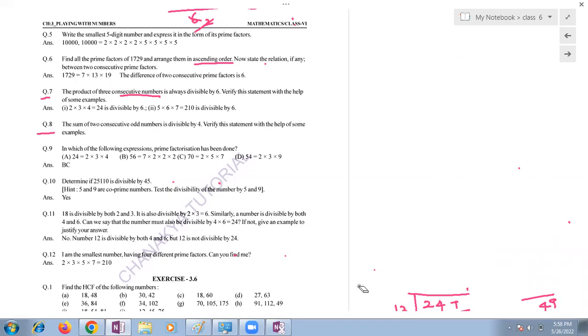Sum of two consecutive odd numbers. Soumya is correct, Karthik Verma is correct, Om is correct.